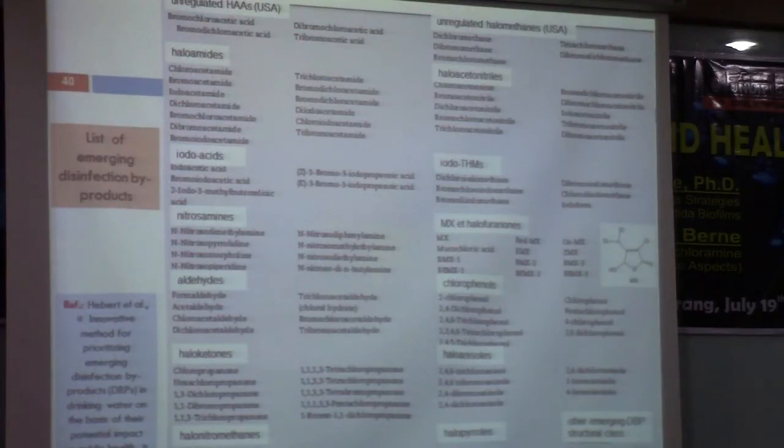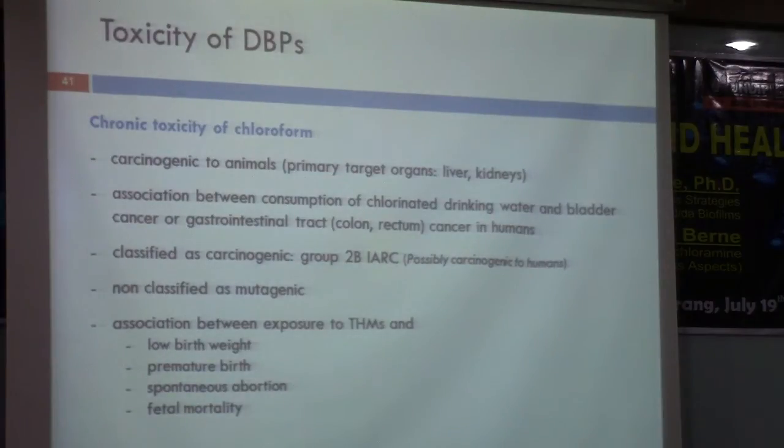This table is too small, but you have a lot of products which have been identified in chlorinated or disinfected water. For example, nitrosamines are typically produced with the use of monochloramine, not with the use of chlorine. So there are a lot of byproducts during the disinfection.